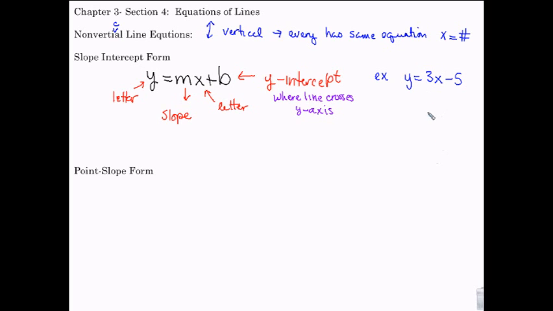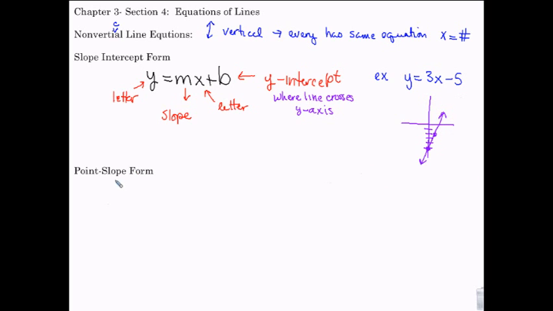So if I were to graph this line, it's going to hit here at negative 5. And it's going to have a slope of 3, so it's going to be kind of steep, like that. And we'll talk about how I did that in a little while, but just right now, understanding what the format is.